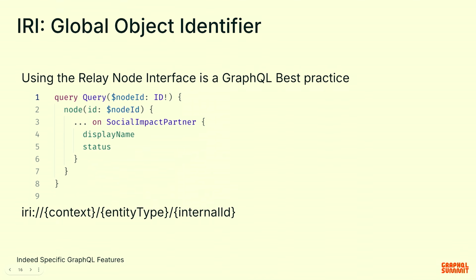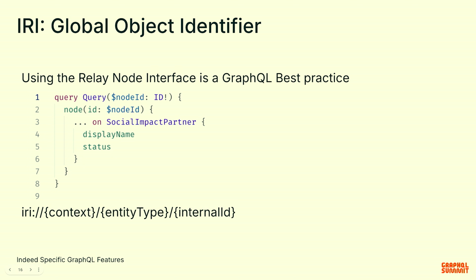And then in order to use the relay node interface, we needed a way to use unique global identifiers. So we have the concept of IRI, which is Indeed Resource Identifier. Very descriptive naming. I like simple descriptive namings.